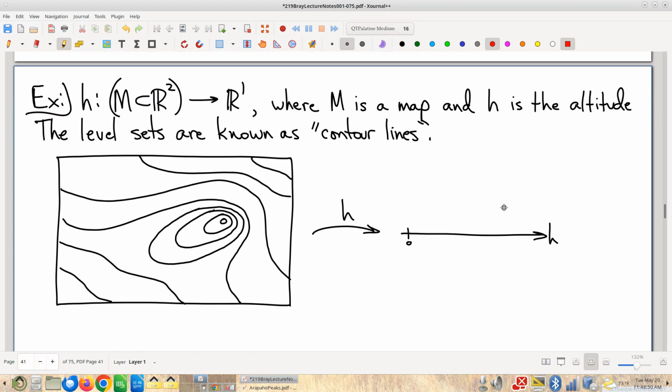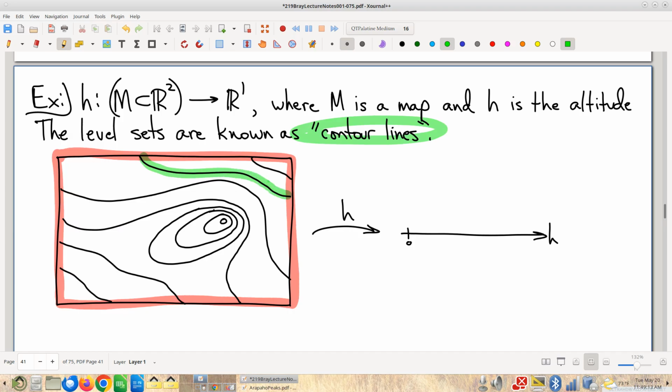So here's a great example of a level set. Y'all may have seen these. I don't know how much hiking y'all have done, but if you ever go hiking and you have what's called a topographical map, on the topographical map there will be what are called contour lines, and all these are level sets.